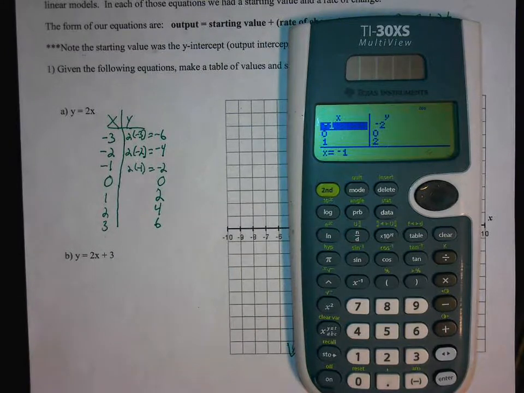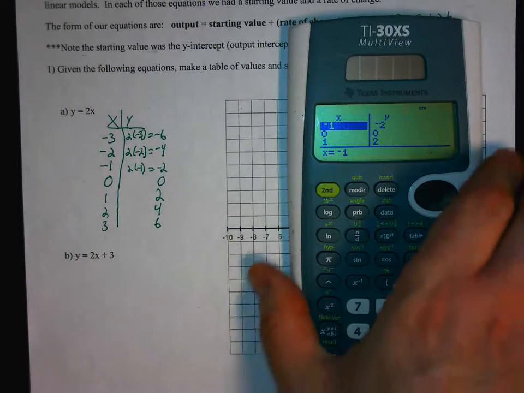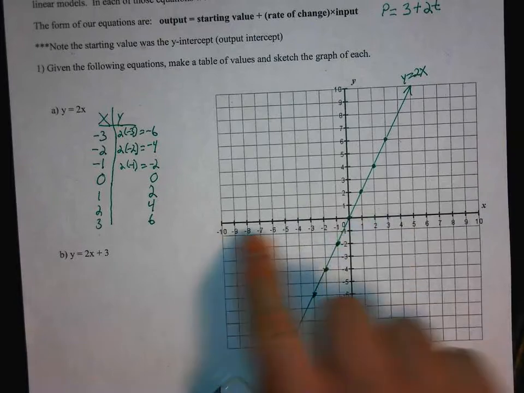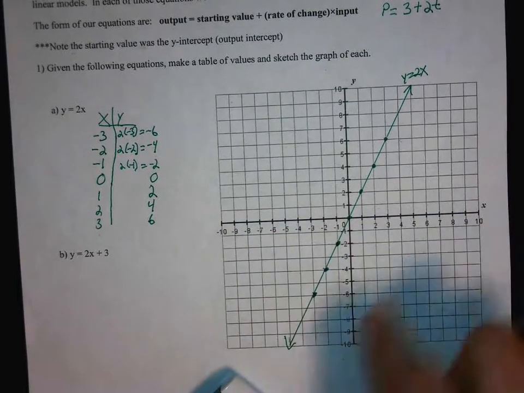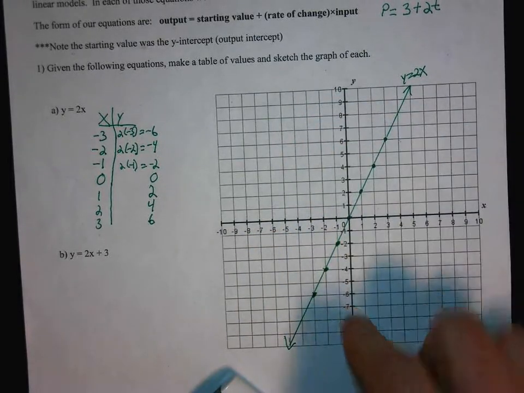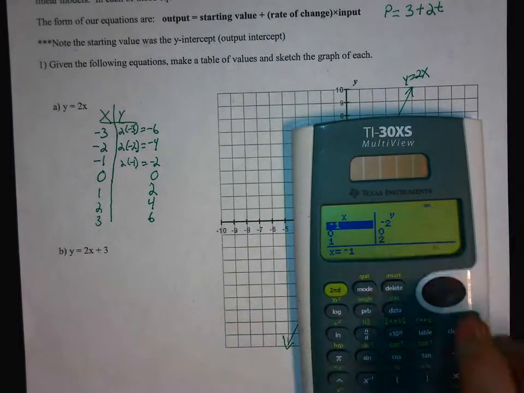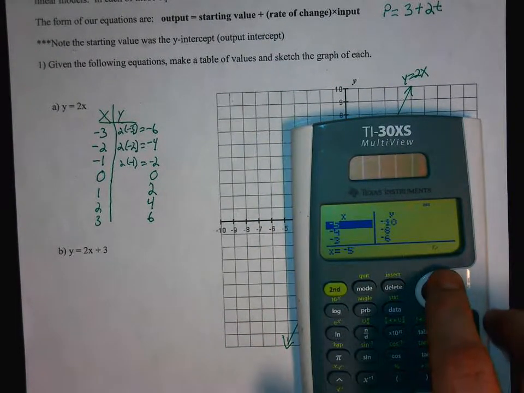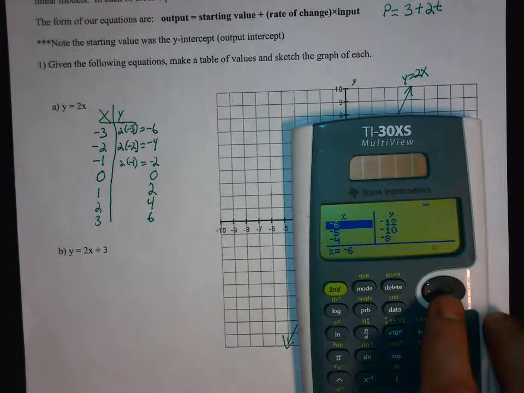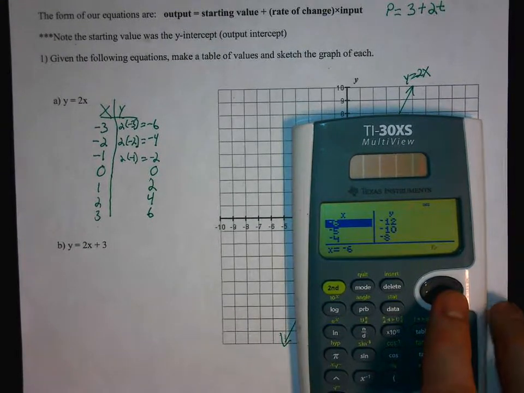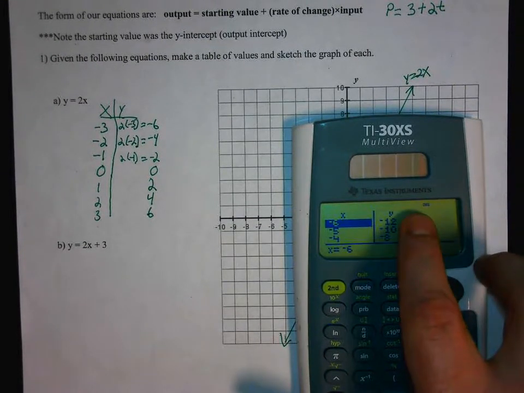Now when you do this on your own, okay, what you want to look at is you want to find all the values that will fit on your grid nicely. Now our grid goes from -10 to 10 for the x values and the y values. So you want to fit values in there in our table that'll fit on the grid. So notice when we get to -6 for x, we're going to get -12, which will be off the grid.